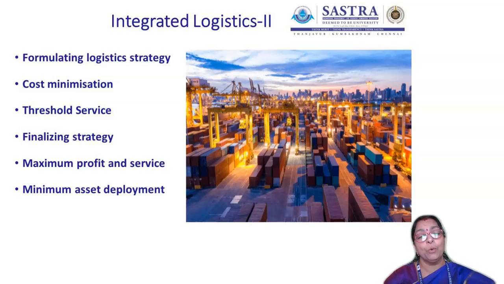Now, mostly our discussion today will be based on the cost aspects. In the first integrated logistics context, we discussed mostly our focus was on customer responsiveness. Whenever we talk about any balanced integrated logistics decision, it needs to be in balance of cost efficiency at one end and customer responsiveness at the other end.